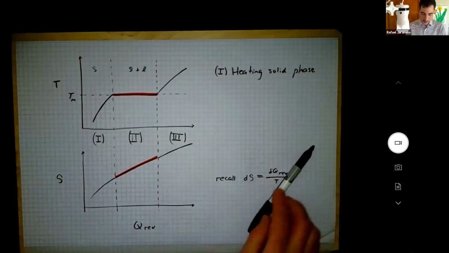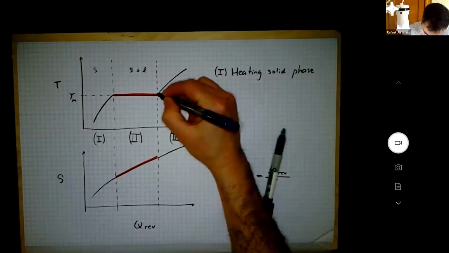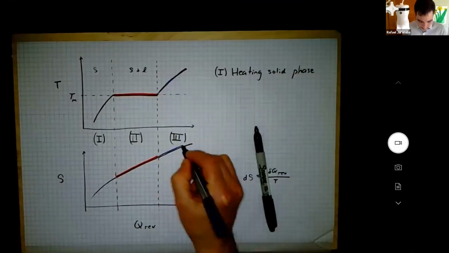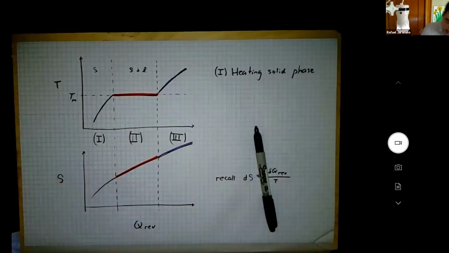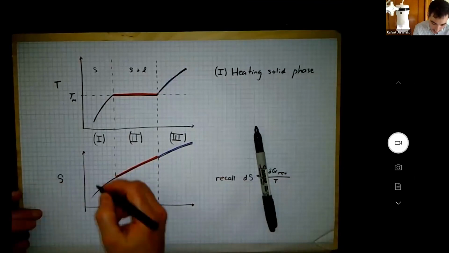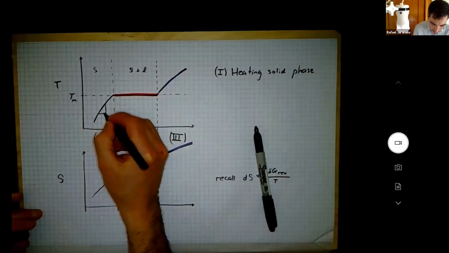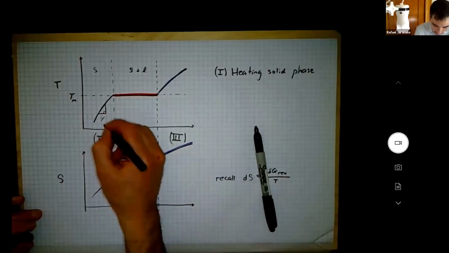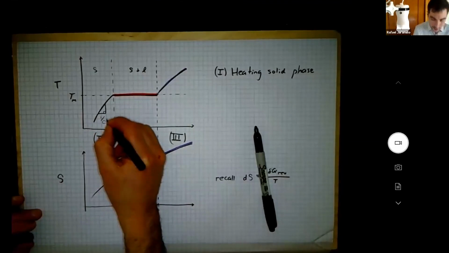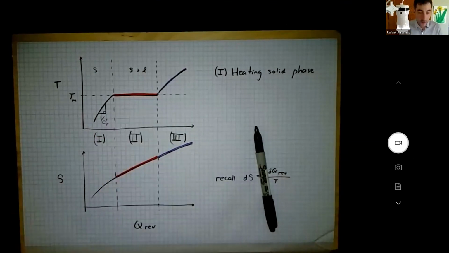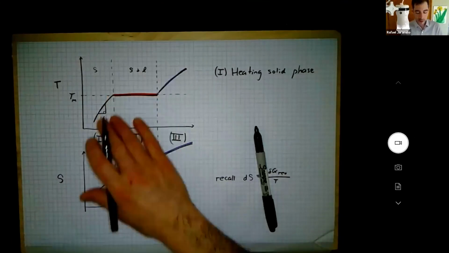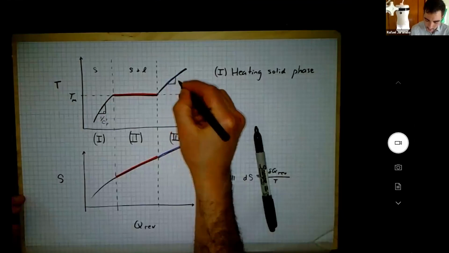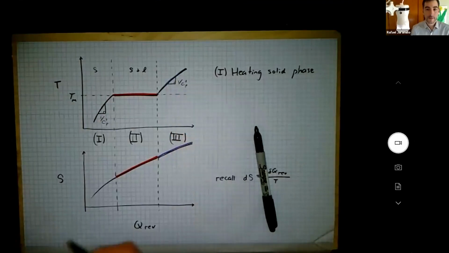So let me use a different color here. Right. And so let's make this really explicit. That slope is 1 over Cp of the solid phase. And I drew it as weakly temperature dependent, right? I drew some curvature there. And this slope is 1 over Cp of the liquid phase.